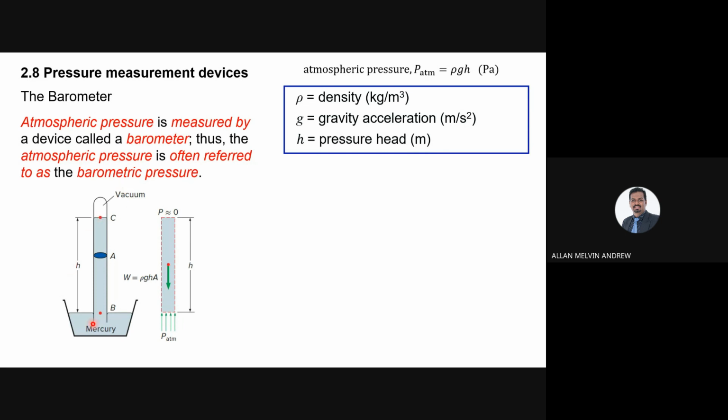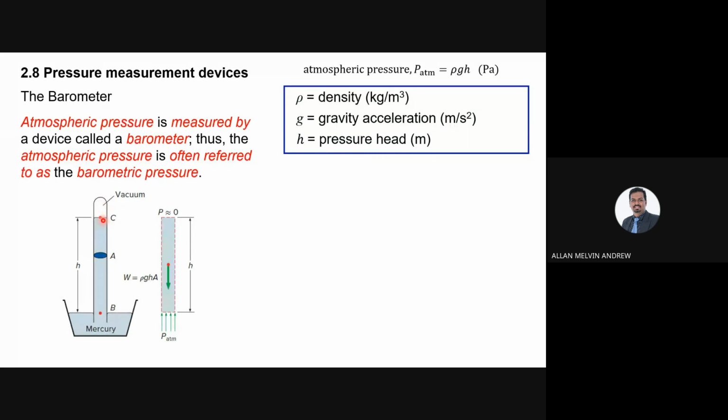In this case you have mercury. We always use a different fluid. We know mercury has a different density than normal air and also water. We will measure 2 points. Here we have a vacuum, because there is nothing here.